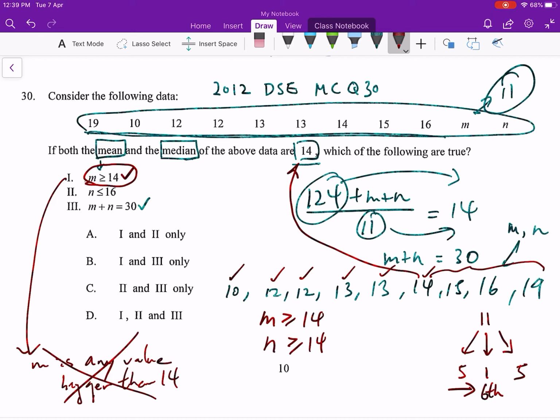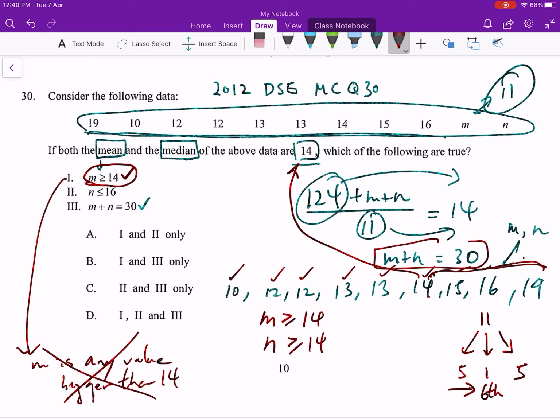M should be one of the numbers, or maybe two, but it doesn't mean any value. That's why we can choose it as an answer also. Understand what I mean? Because I know that m and n must be put right here as one of the numbers.